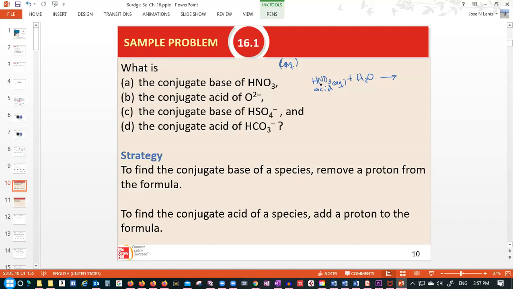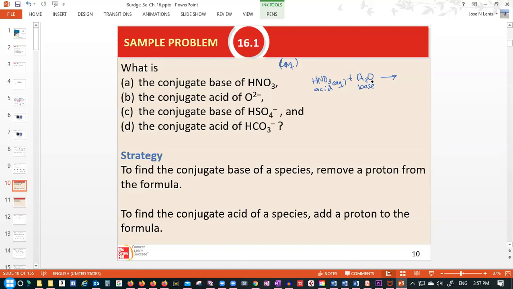If we are defining this species as an acid, therefore water must act as a base. Because this acid is going to donate the proton to the base, which is water, neutral.